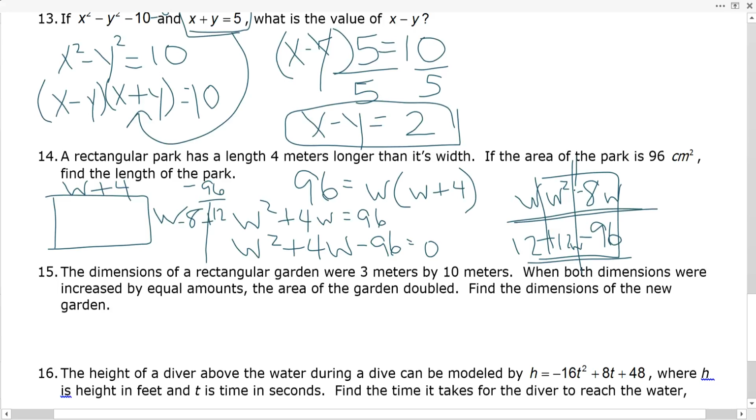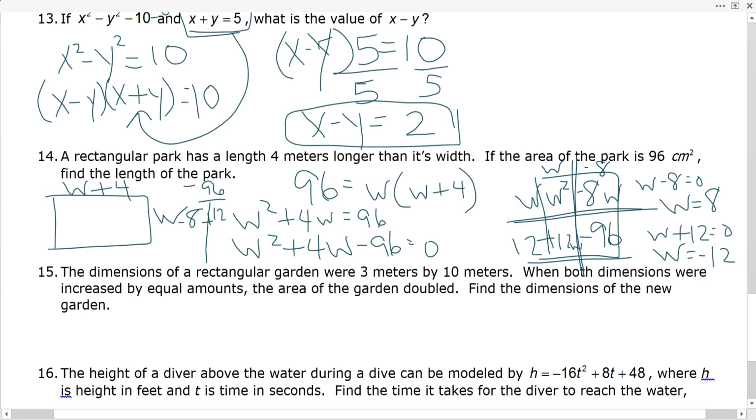My greatest common factor on the left column is W. And my greatest common factor on the right column is negative 8. So I end up with W minus 8 equals 0, or W plus 12 equals 0. So W is either 8 or W is equal to negative 12.